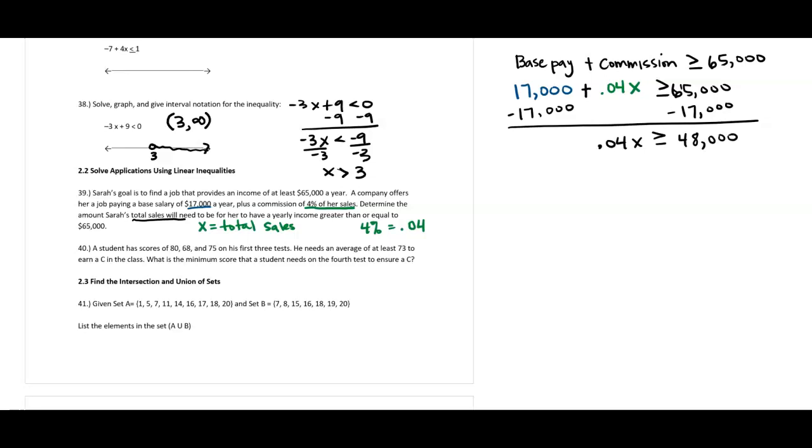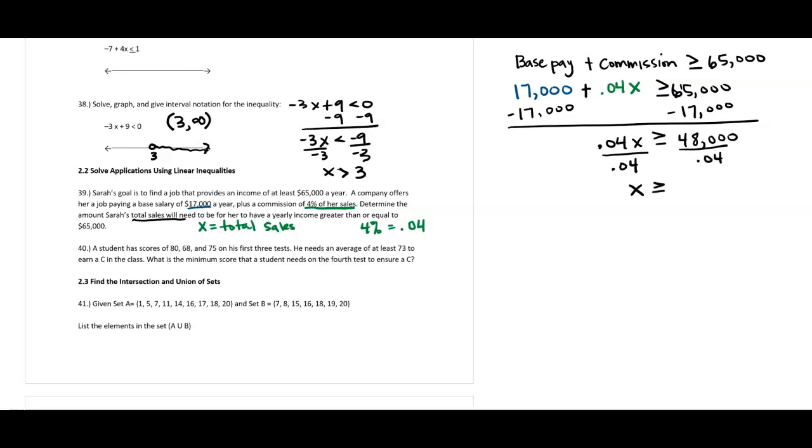So really, we subtracted that 17,000 off because she's going to get that no matter what. So she's trying to make $48,000 in commission. And so to figure out how much she'll have to sell, we'd have to divide by that 4%.